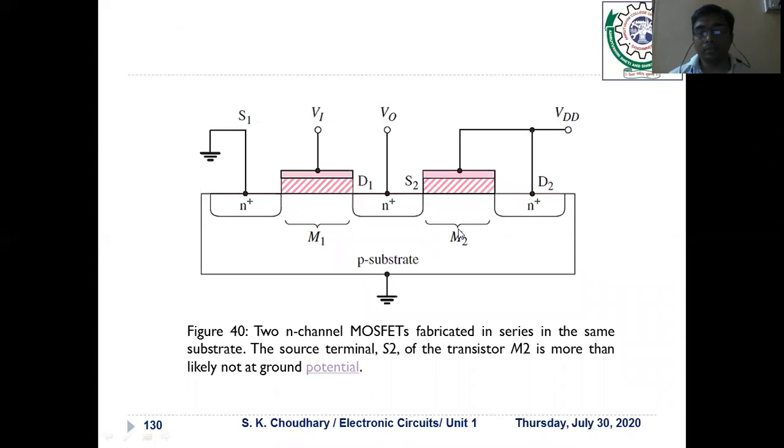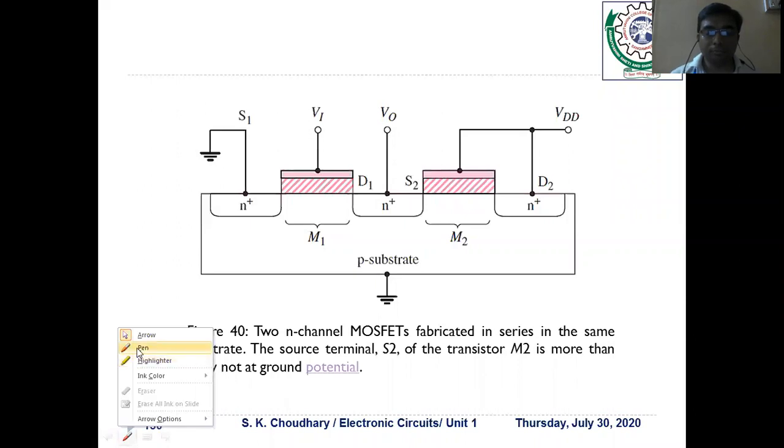This is one example of a very simple IC where two n-channel MOSFETs are fabricated in series in the same p-type substrate. This p-type substrate is common to both MOSFETs M1 and M2.